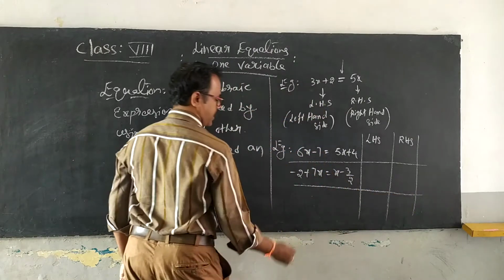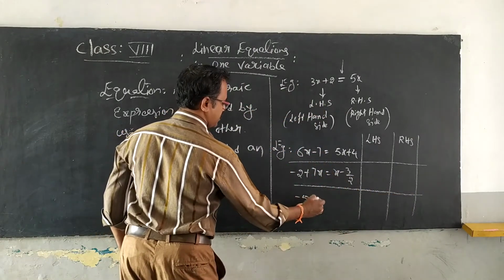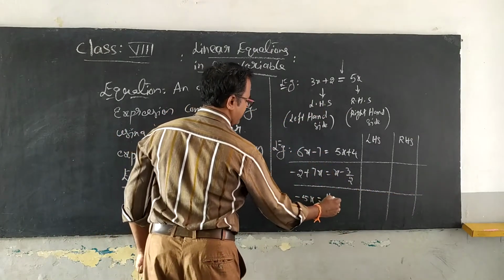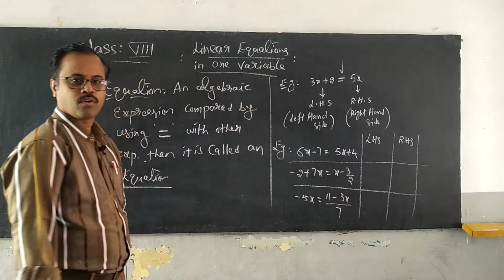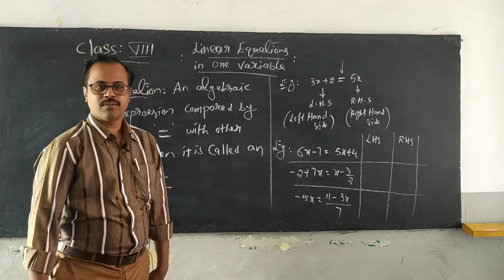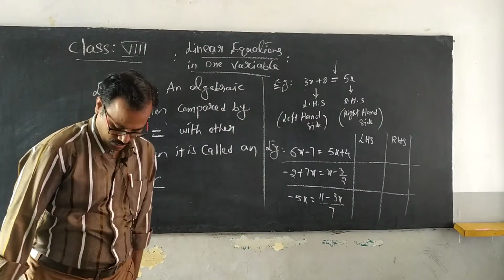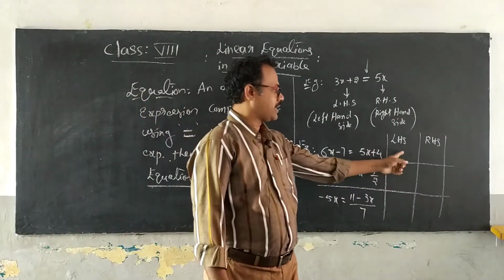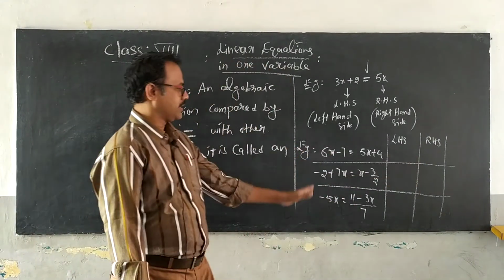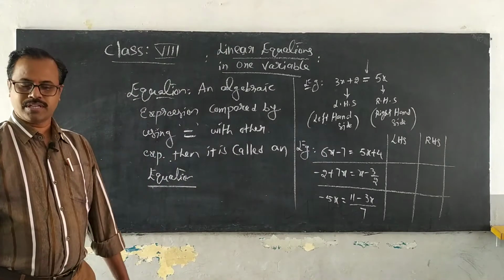And one more example I give you: minus 5x is equal to (11 minus 3x) whole by 7. Okay, whole by 7. So these are the questions I gave you, and I want you to write the LHS and RHS in these given equations.